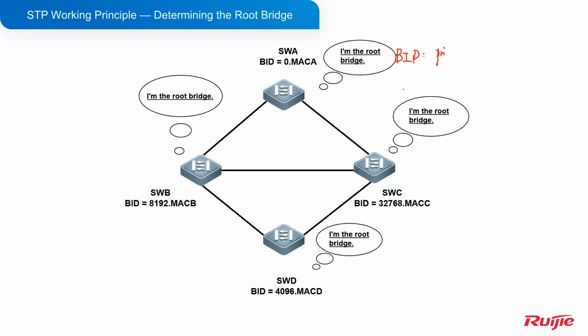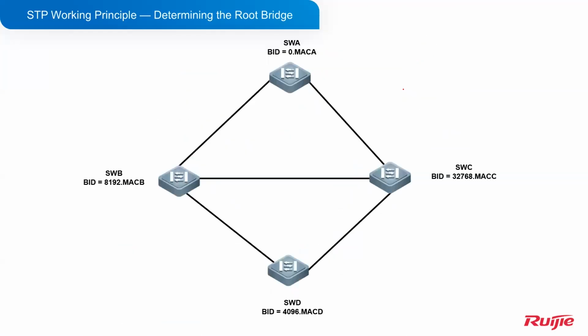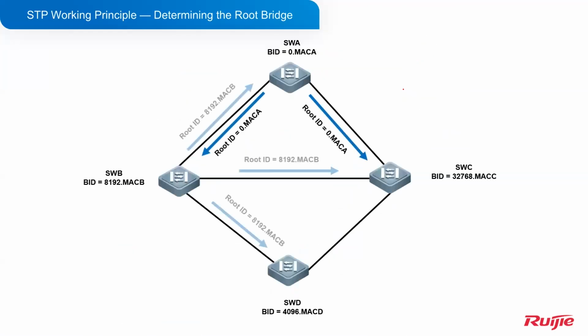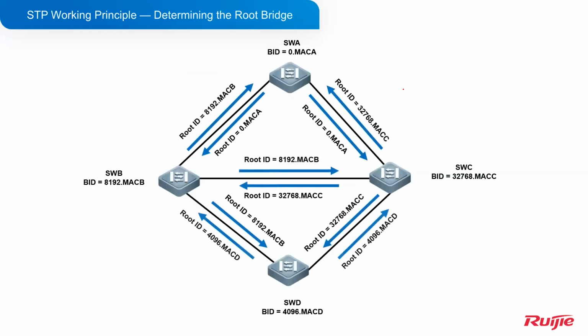Since they are the root bridge, the root bridge will periodically send the CBPDU, right? So let's see it. Each of them will generate and send their CBPDUs to the neighbor. In this way, you can see all of them can know the information of their neighbor.